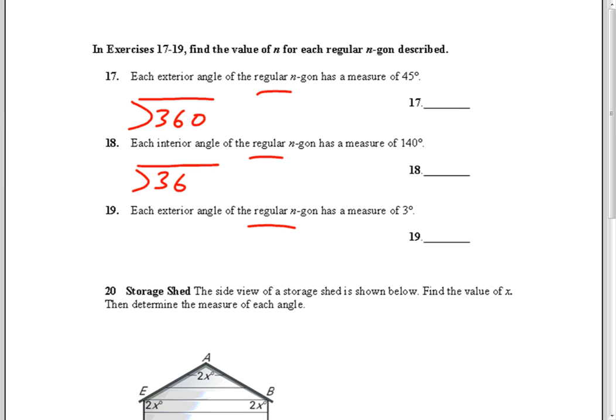First thing I'm going to do is this. Are we a go? Thank you very much. Even though I haven't even looked at the instructions, I'm writing down 360 because that's the path of least resistance. This one says exterior, this one says interior, this one says exterior. I don't care.